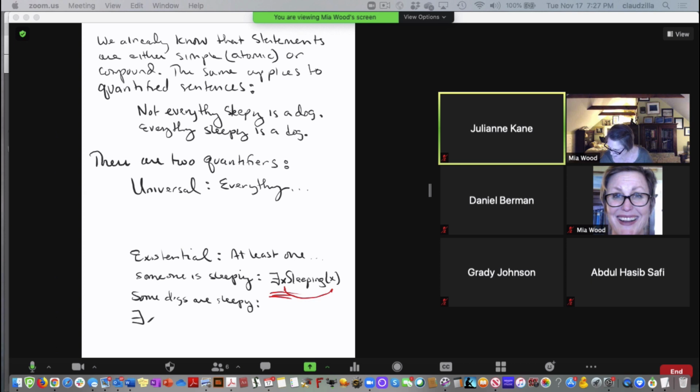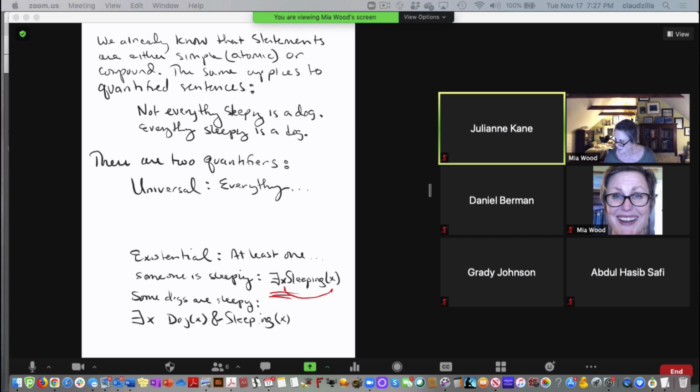So we get the following. There is something, parenthesis, that thing is a dog, and that thing is sleeping. Close parenthesis. So what's the first thing that we want to notice about the scope of the quantifier? Well, similarly to a negation, we understand the scope of the quantifier according to a pair of parentheses. If we have no parentheses, then we have right now what's known as a non-well-formed formula.